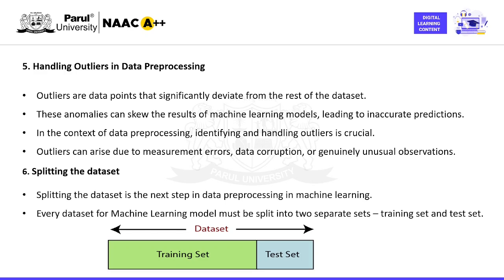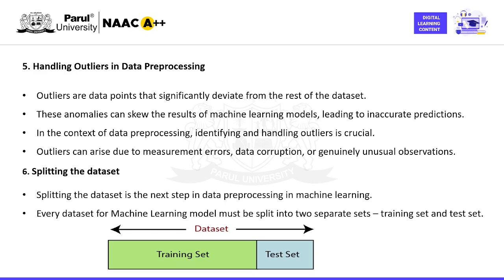The training data set is used to train the data model, and the test data set is used to check whether the model performs according to its training or not.